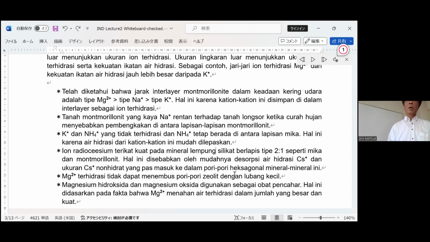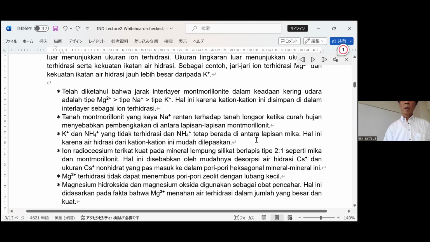But in the case of sodium, proteins disperse. Similar to this phenomenon, sodium-type montmorillonite easily disperses and causes landslides.